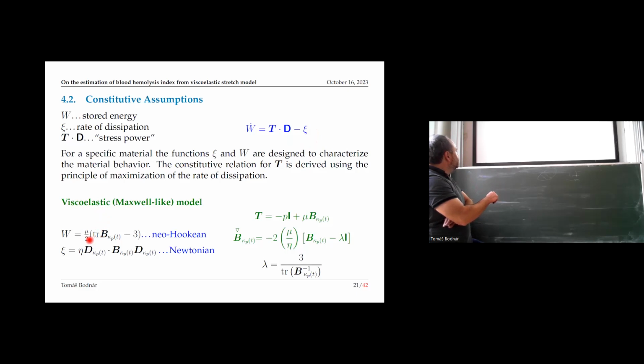For example, again, this one, for this neo-Hookean material, is a kind of a term that we have previously seen in this droplet model, which was responsible for the return to the spherical shape. Also here, if the stretch tensor is just the identity tensor, the trace will be equal to 3. So this will disappear and there will be no force in the model responsible for this.